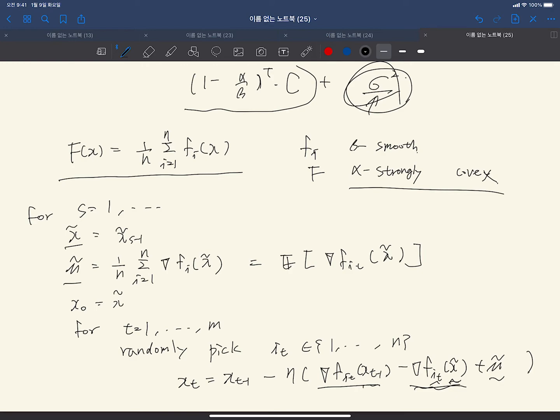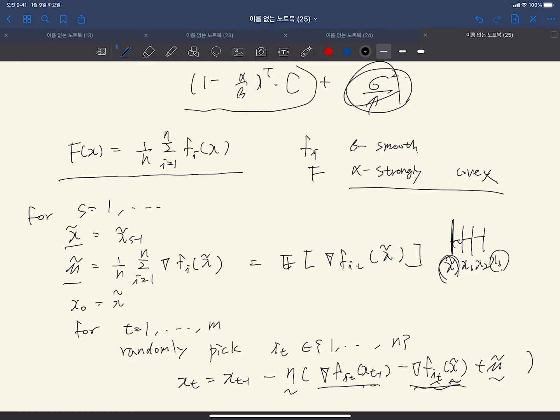Okay, so why is this useful? Here we have a starting point x tilde, and we update m times from x tilde. So this is x1, this is x2, this is x3, and so on. If eta is sufficiently small, we can say that x tilde and xt are quite close.